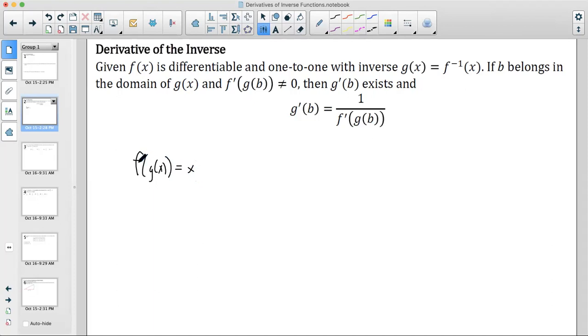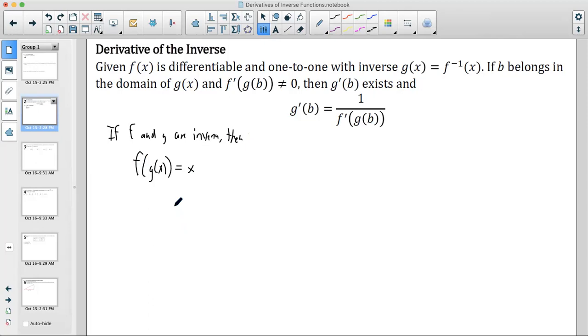Like you square it and then take the square root, those are inverses and you end up with just x. Or you add 3 and then subtract 3 and that brings you back to x. So this always happens when f and g are inverses. This is kind of a definition. If f and g are inverses, then f of g of x equals x.